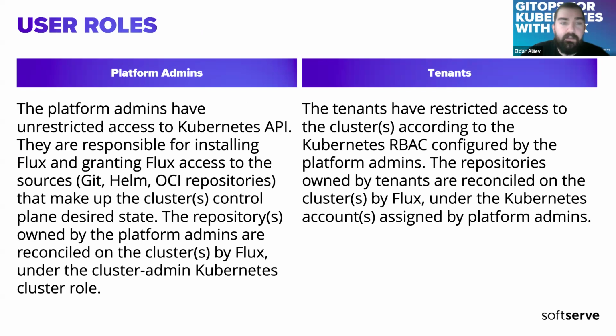The tenants are mostly service accounts that are configured by the platform admins. These service accounts will be used by the Flux resources, and Flux will perform the installation of those resources using impersonation for this account.